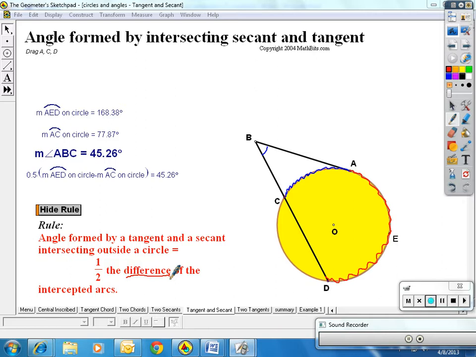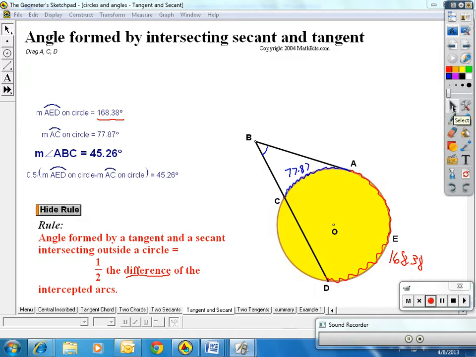So in this case, I've got arc AED is 168.38. Arc AC is 77.87.